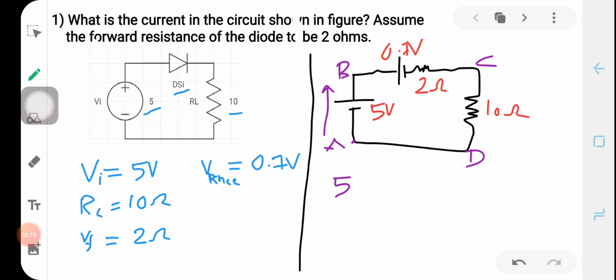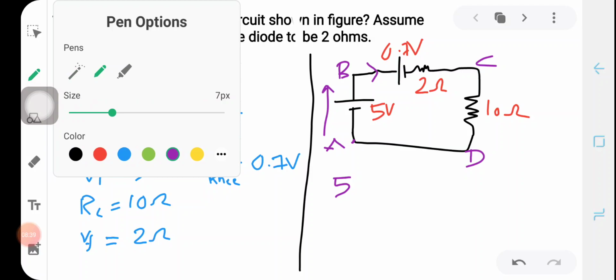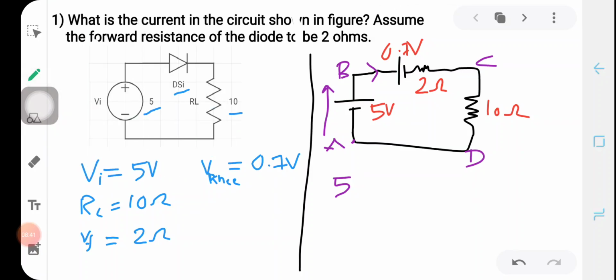One is 0.7 volt, the knee voltage, and there is a small forward resistance R. There is a potential drop across this resistance. If I is the current through the circuit, then 2 into I will be the potential drop.